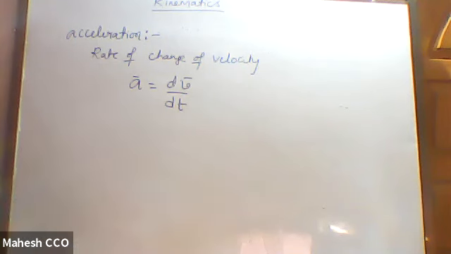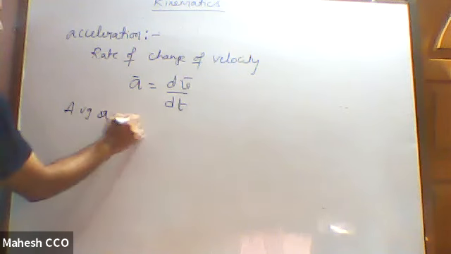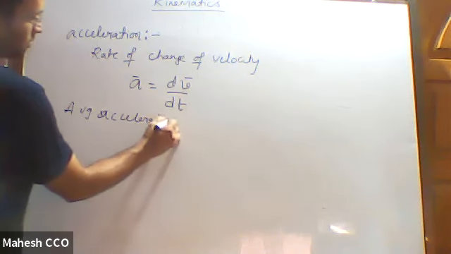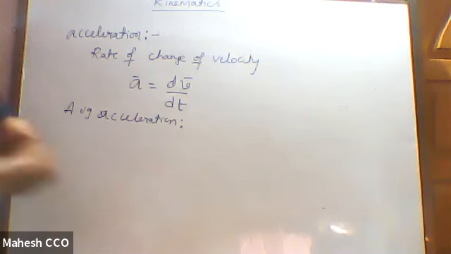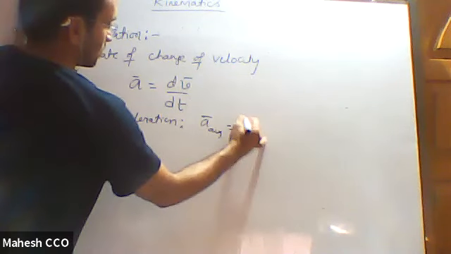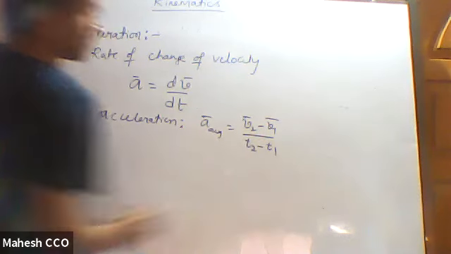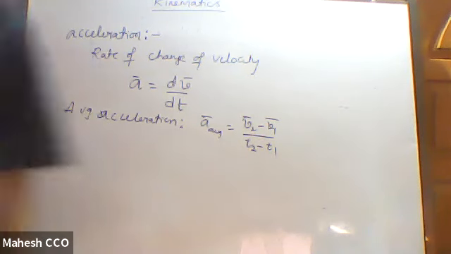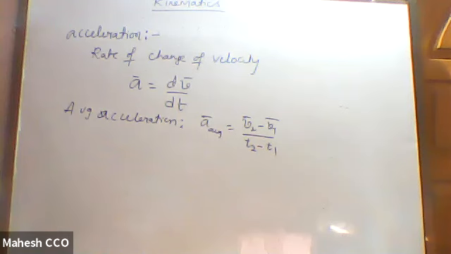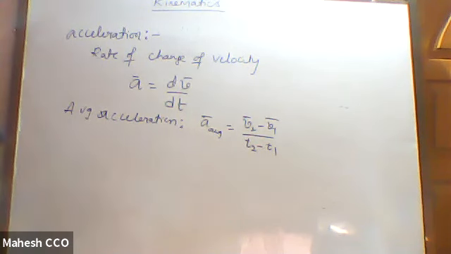And average acceleration in the interval t1 to t2 is given by the change in velocity divided by the length of the time interval, that is t2 minus t1. These are definitions of all the things.